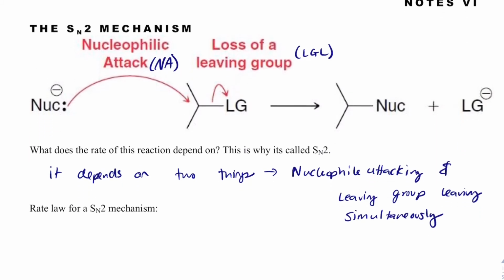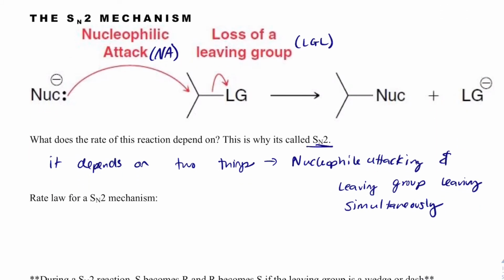And so that's why it's called an SN2 reaction: it depends on two things. If you've taken other chemistry classes, you may not have seen this, but we are dependent upon the concentration of our nucleophile and our leaving group. So our rate law is overall second order.